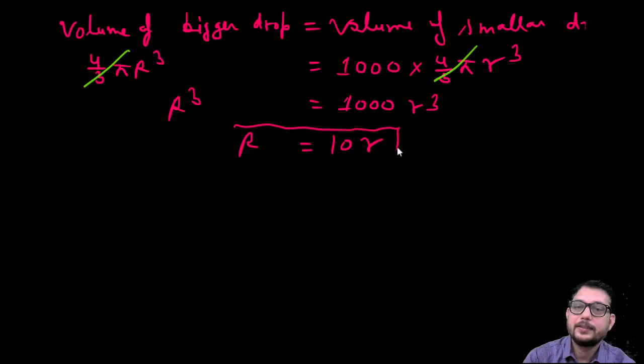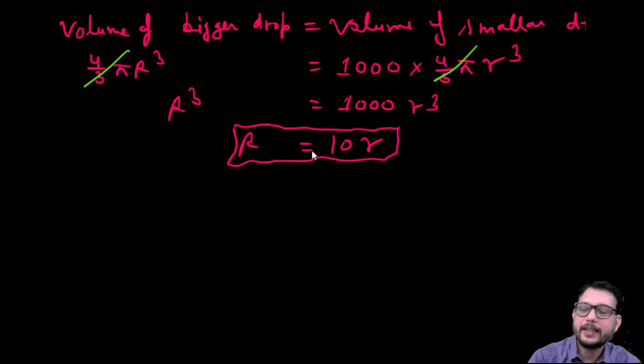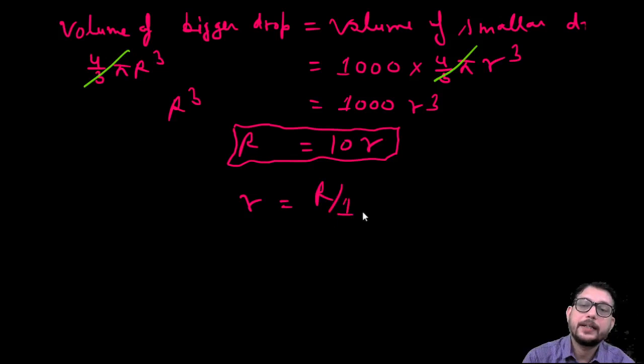So this is the relation between capital R and small r. It means if we are in need of small r, then we can place the value of small r in terms of capital R, or if we are in need of capital R, we can place its value in place of small r. So you can simply write that small r equals capital R by 10.